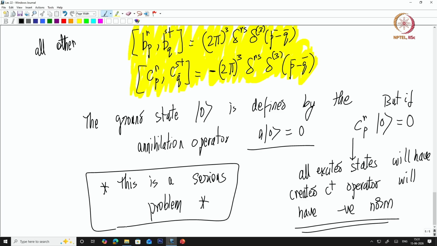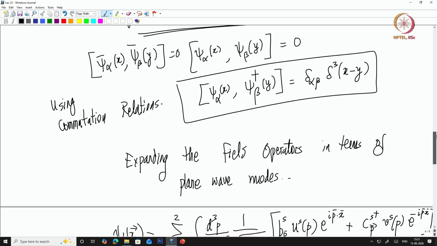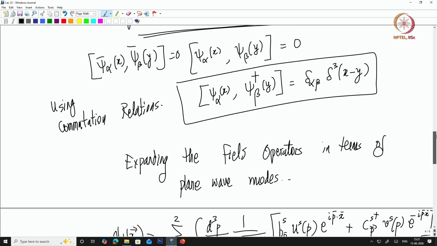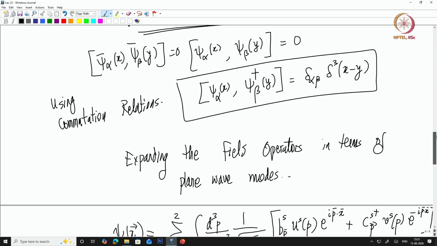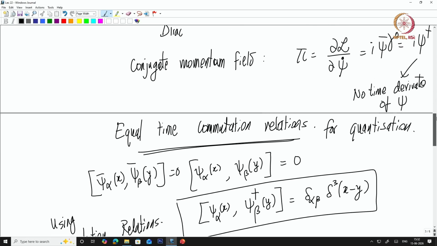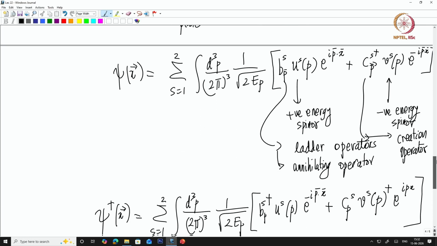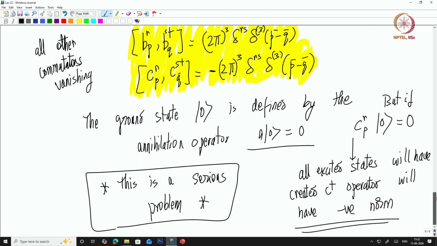All other commutators vanish, but if I impose commutators on the field operators and try to quantize them with the conjugate momenta, psi dagger is nothing but the conjugate momentum π, as we have seen here. You end up creating states with negative norm, which is a serious problem.